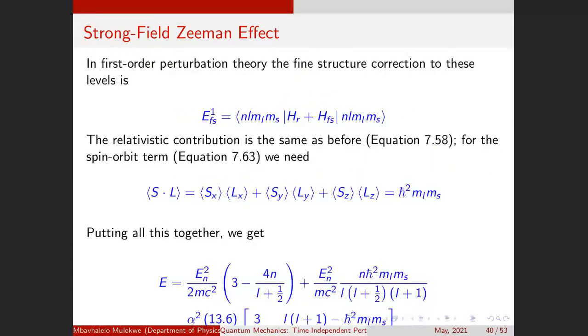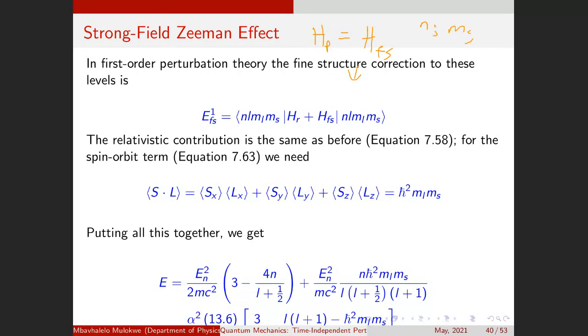But now you have to find what the perturbation is. Let me summarize. For the strong Zeeman effect, the perturbation is not the Zeeman Hamiltonian, it is the fine structure one. But we are not using the basis that I used previously, which was n, l, j, and m_j.